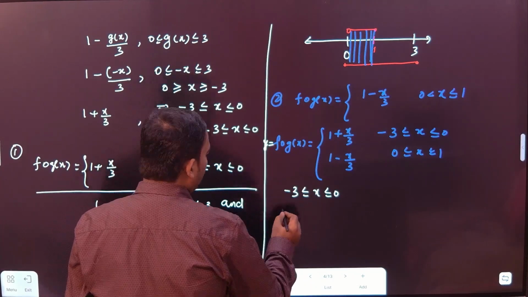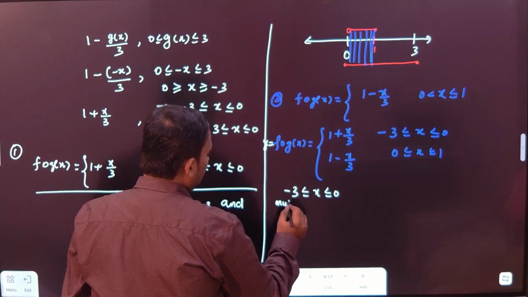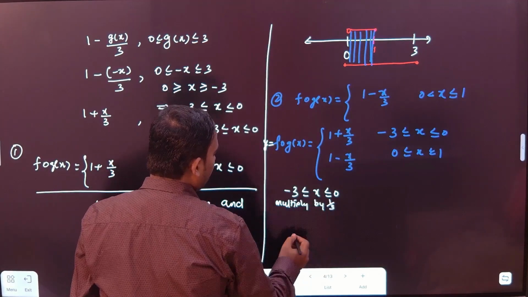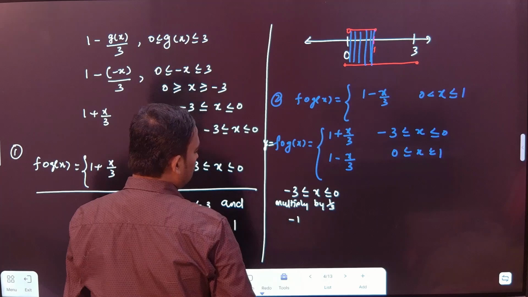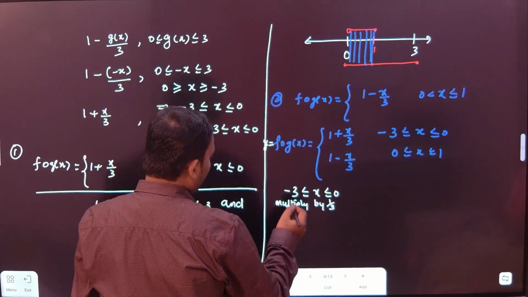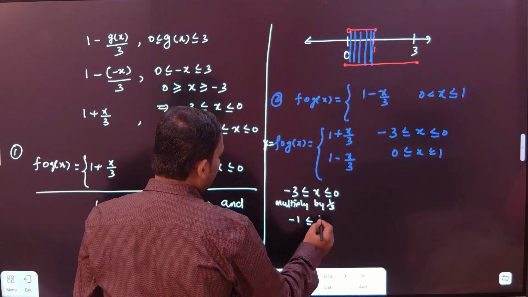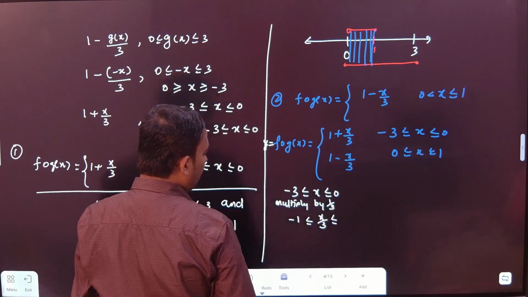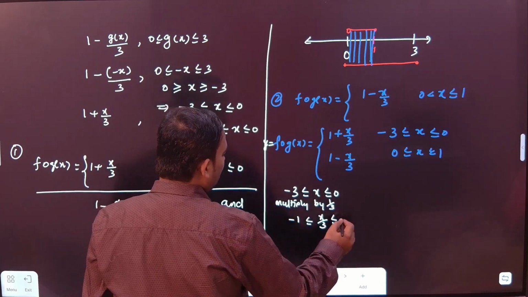You multiply by 1 by 3, so what will we get? Minus 1, because 3 cancels, minus 1 less than x by 3 less than, if I multiply 0 by 1 by 3, it will be 0 only.